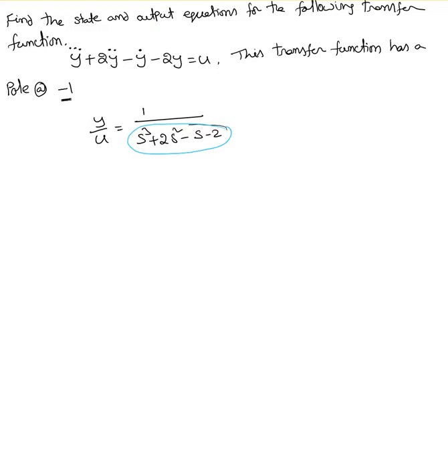Now, for sure, the order of the system will give you the number of poles. This system has 3 poles, and he's saying one pole is at -1. So that is s equal to -1, or s plus 1 equal to 0. We need to find the remaining 2 poles. Usually if we have 3 poles, I'll give you a third pole.